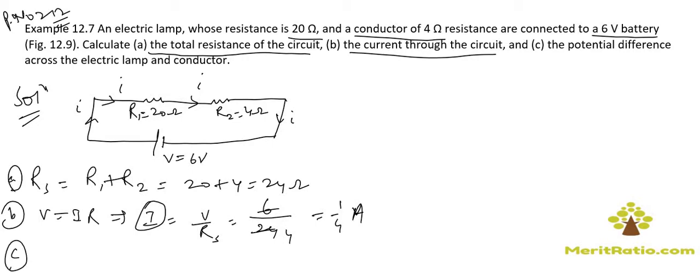C, the potential difference across the electric lamp and conductor. The potential difference across the electric lamp, we are required to find the value of V1 as well as V2.